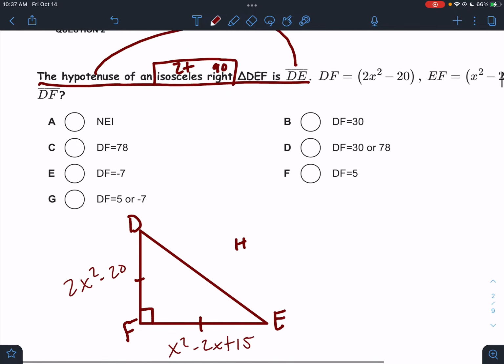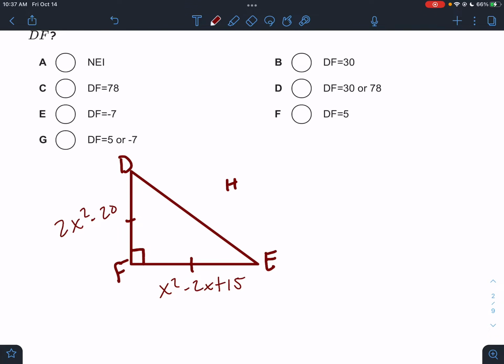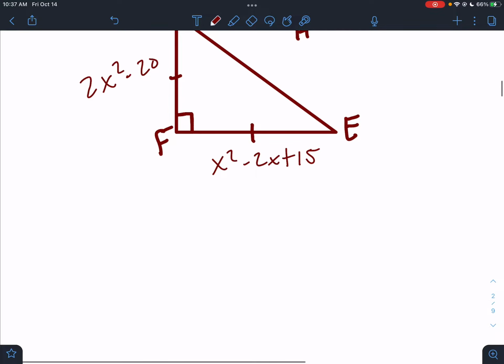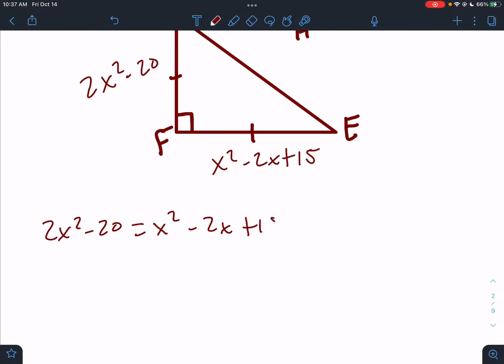Well, if we didn't read the question carefully, we would have no idea what to do. But because we know those are equal legs, we can now say that 2x squared minus 20 is equal to x squared minus 2x plus 15. I'm not going to spend a long time explaining this.